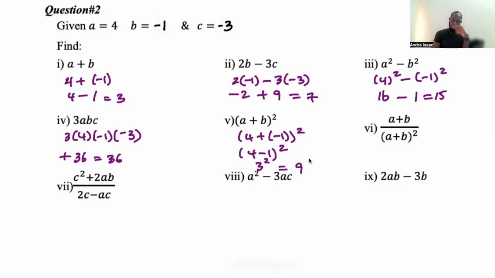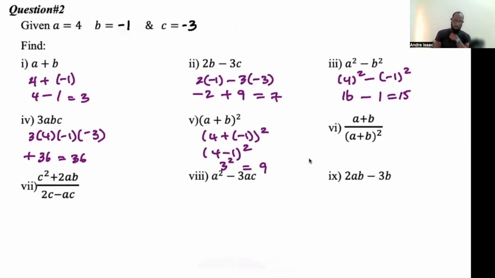Cool. Next one. This one is like part 1 and part 5 combined as a fraction. So we have a as 4 plus -1, over b, we have 4 plus -1 squared. When you're multiplying different signs, there's a minus.